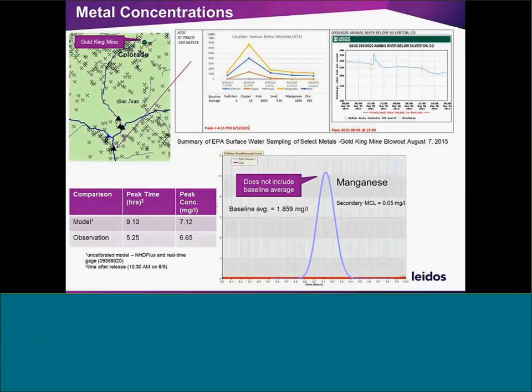What was observed at this location, which was on the Animas River just below Silverton, was about 6.65 milligrams per liter, so fairly close agreement. There was some disagreement in the peak time of arrival between the model and what was observed. So we're looking into improving some of the flow-velocity relationships in icy water.